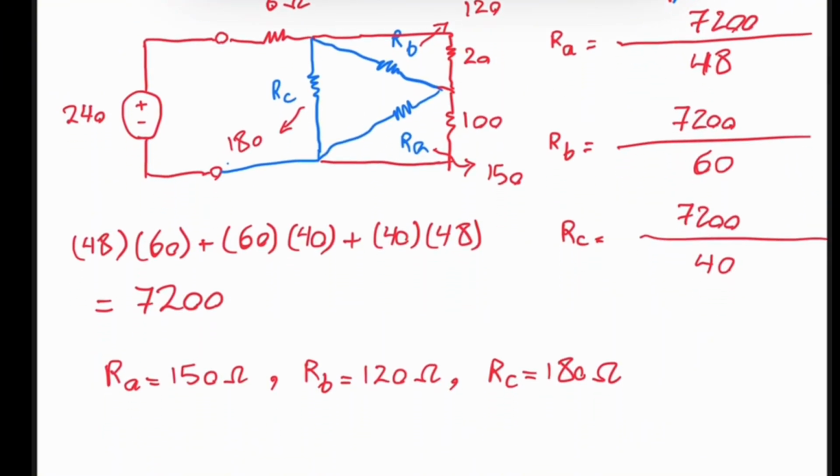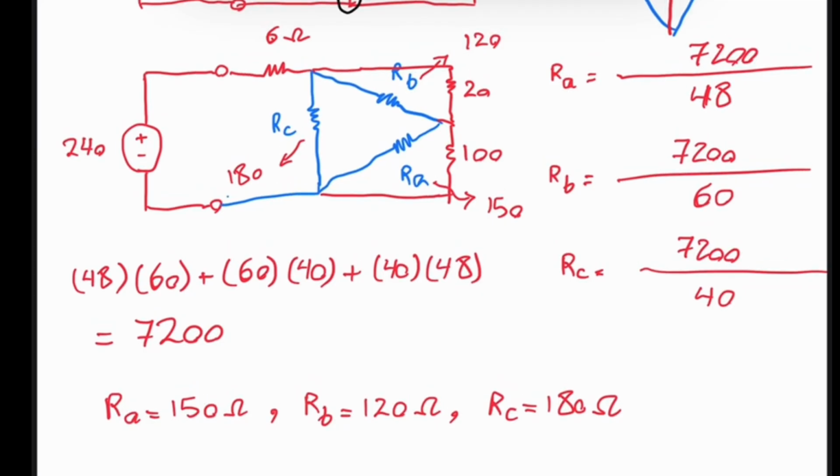Now, if you look at this circuit, obviously 20 and 120 use the same two nodes, therefore they are in parallel. The 100 ohm resistor and the 150 ohm resistor also use the same two nodes, so these two are also in parallel.